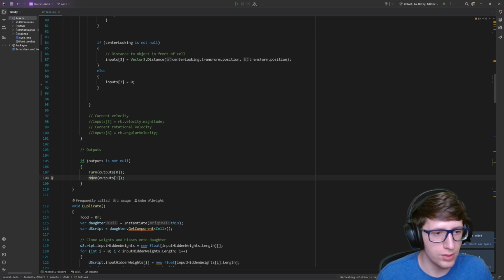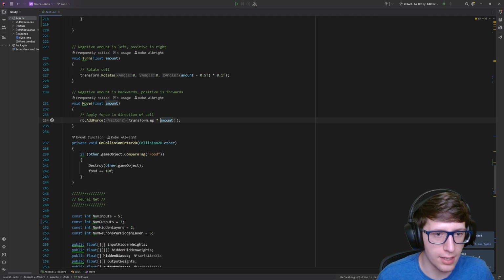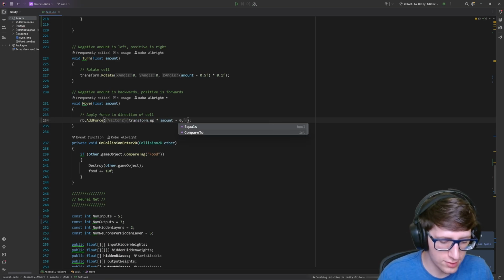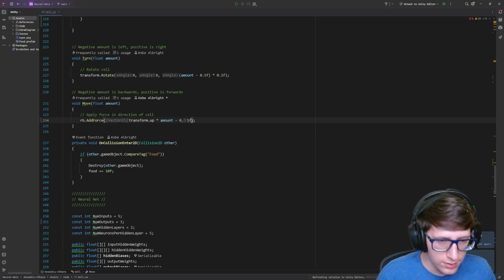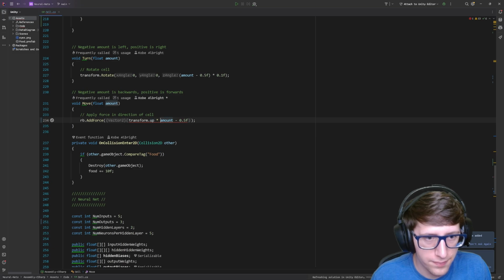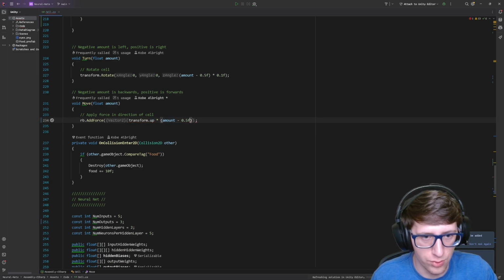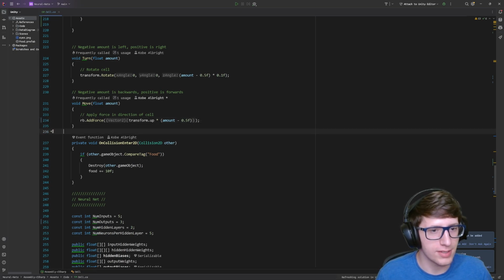First off, for move, I'm going to make it so that it moves by amount minus 0.5f. This is going to make it so that it can move backwards, which is going to be interesting. This is going to make it so that I can move backwards or forwards.